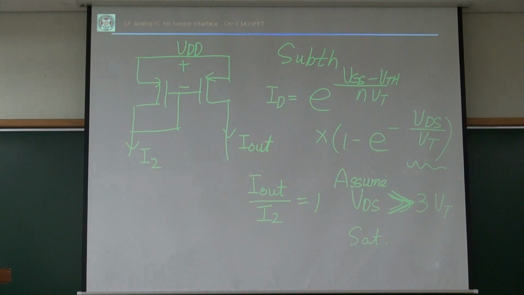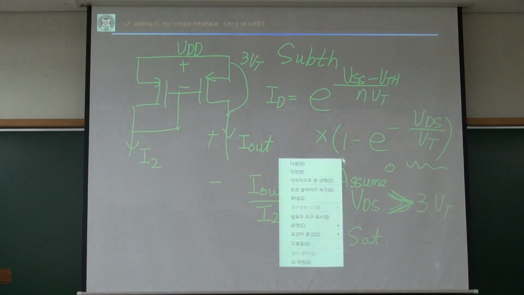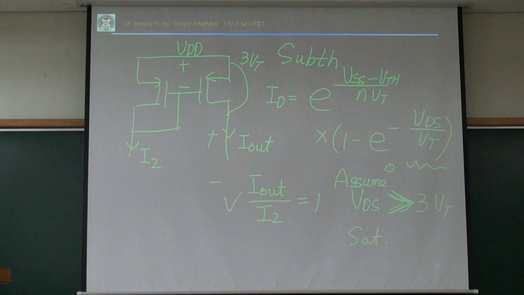So this is a voltage headroom problem. We lose maybe 3 VT here in the voltage headroom. Then this is only 1, right? This is 0, this is 1. No problem, right? In this current mirroring ratio. Okay, any other question?